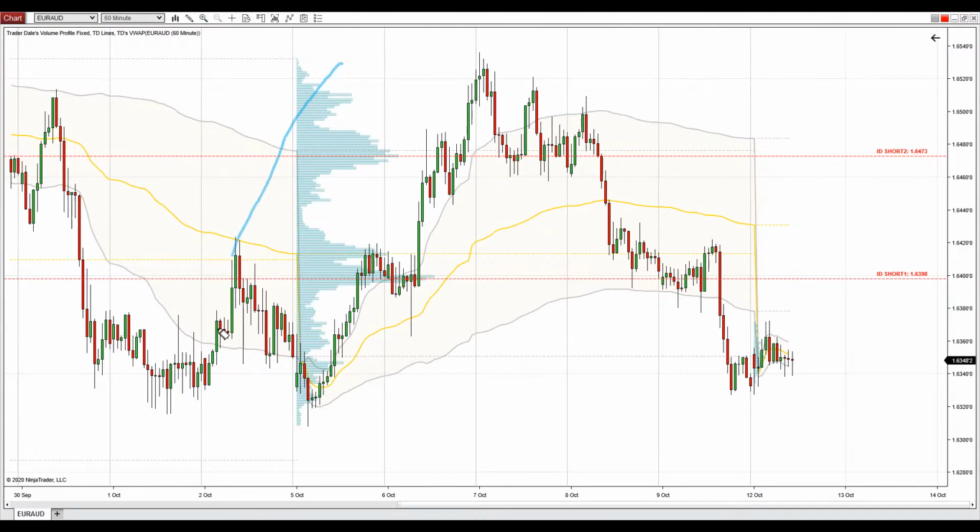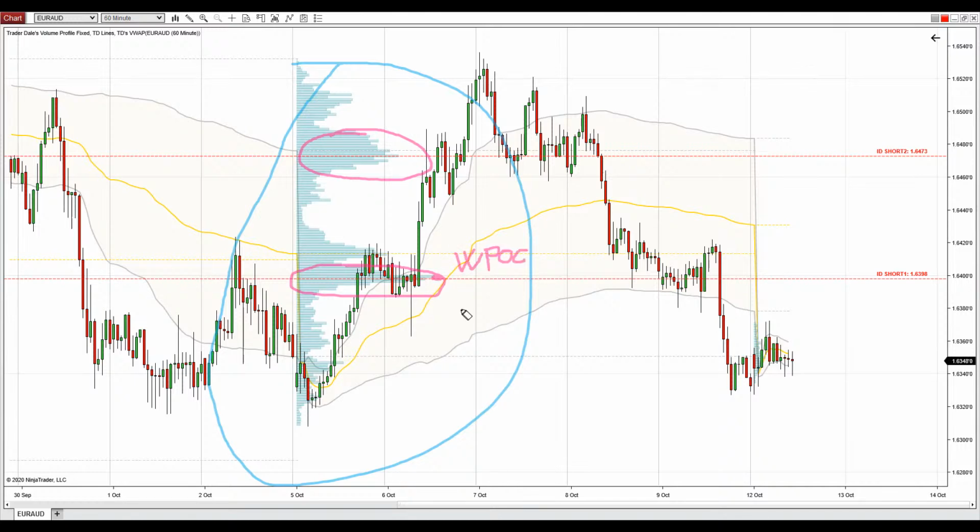This is the weekly profile of the previous week, and the most significant volume areas throughout this week was this one and this one. This was the weekly point of control, which means that the heaviest volumes throughout the whole week got traded in here at 1.6398.